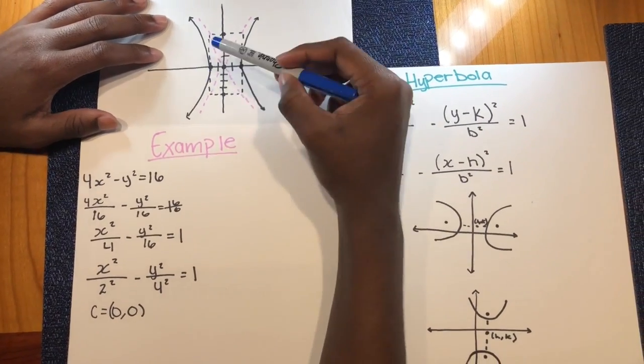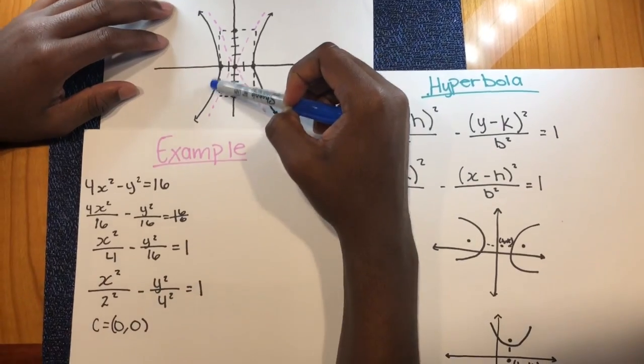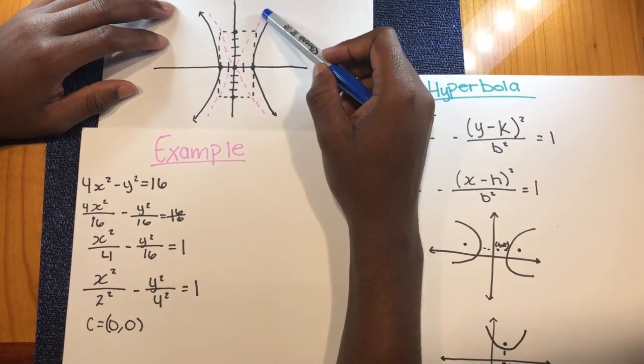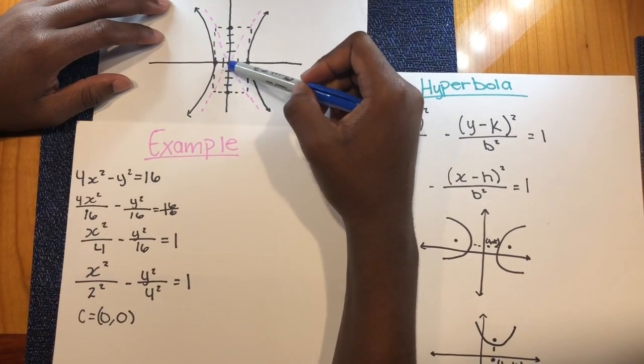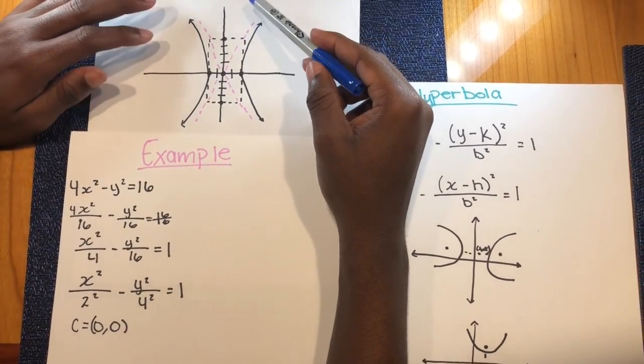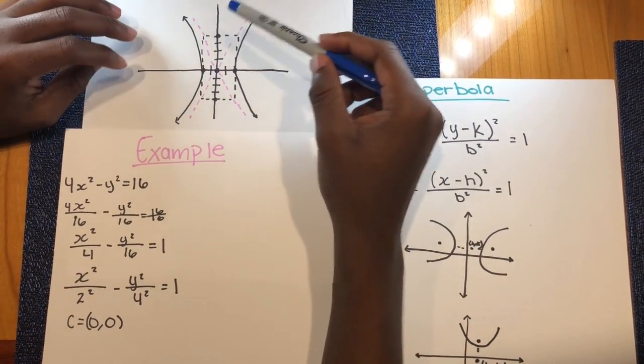Once we have that, we want to draw an imaginary rectangle connecting these points, and then we're going to draw another dotted line through the center of that rectangle, creating our two asymptotes.